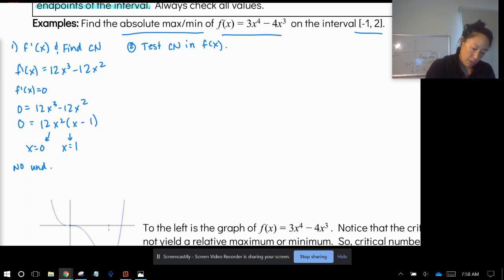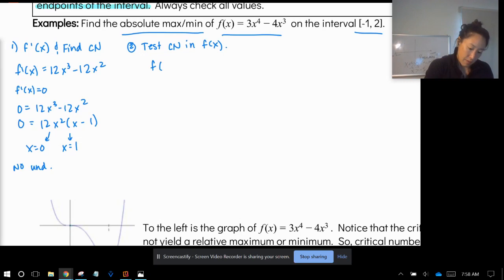So I have to test critical numbers and endpoints. Okay, so I have to test f of -1, f of 0, f of 1, and f of 2.